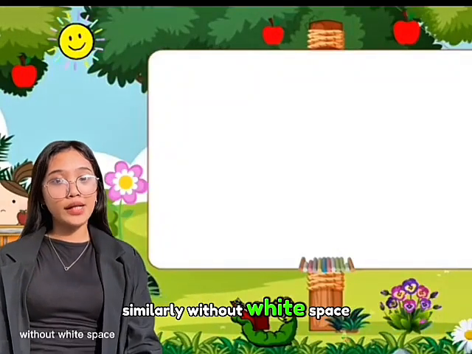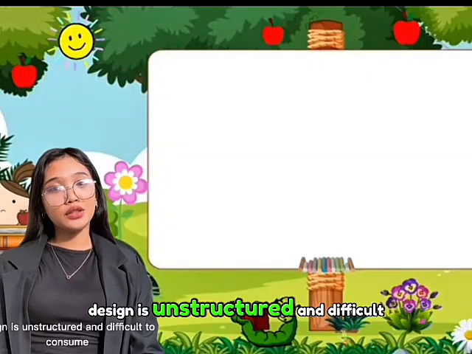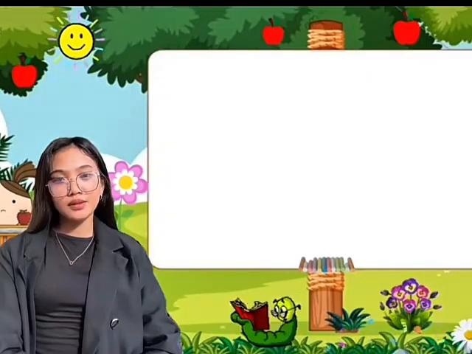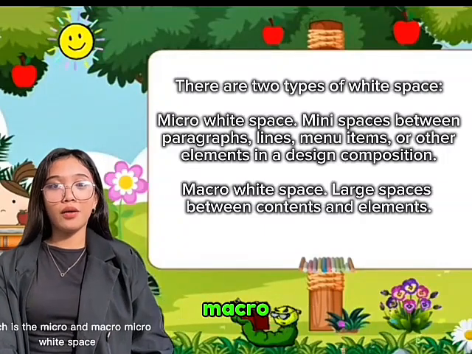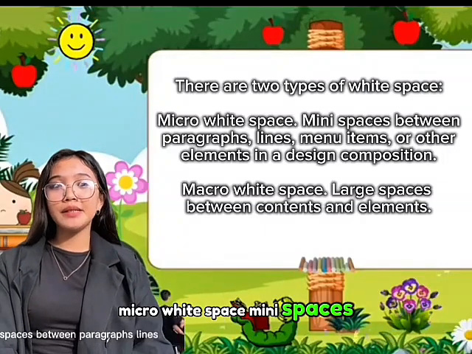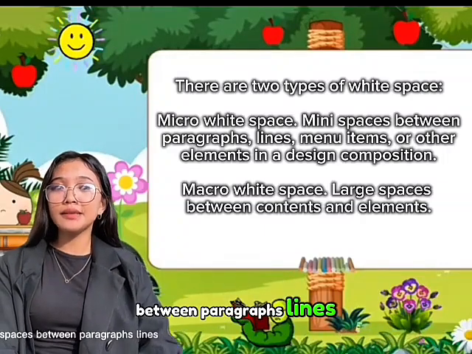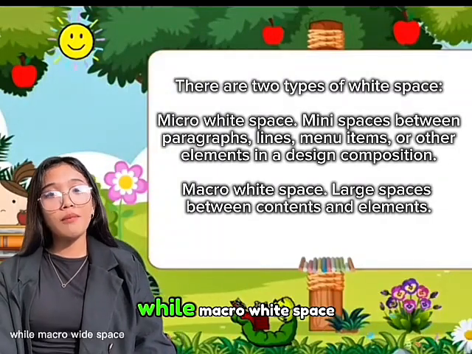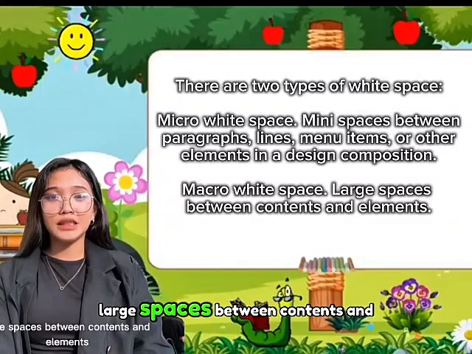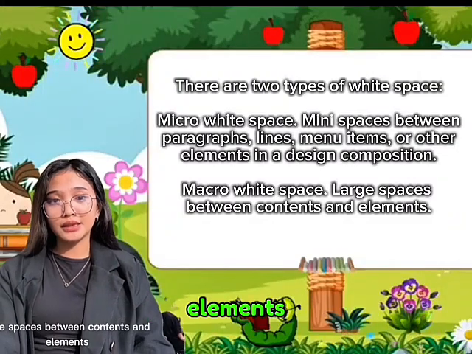Similarly, without white space, design is unstructured and difficult to function. There are two types of white space, micro and macro. Micro white space means small spaces between paragraphs, lines, menu items, or other elements in a design composition, while macro white space means large spaces between contents and elements.